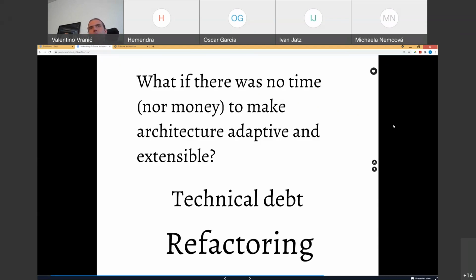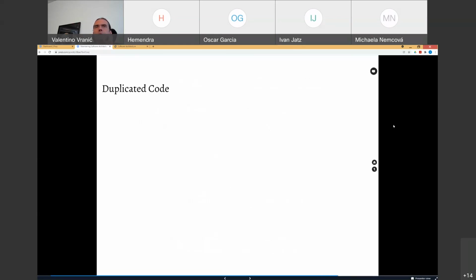You need to reorganize, refactor your system, so put it together again in some other way, but you are not changing the behavior of your system. And speaking of refactoring, there are some indications that some refactoring needs to be performed.